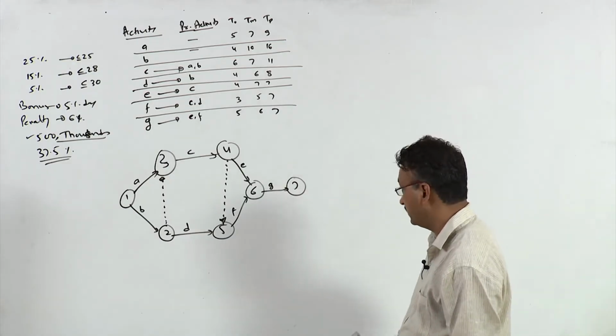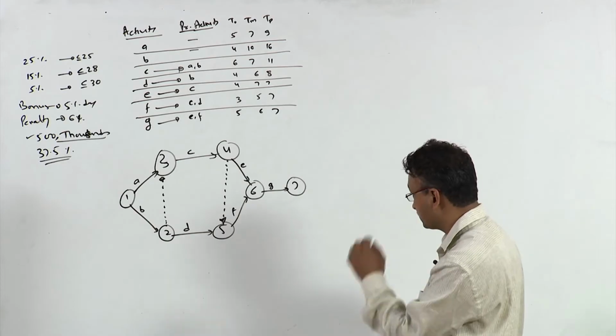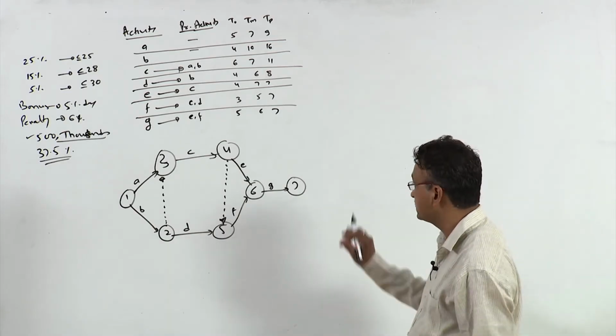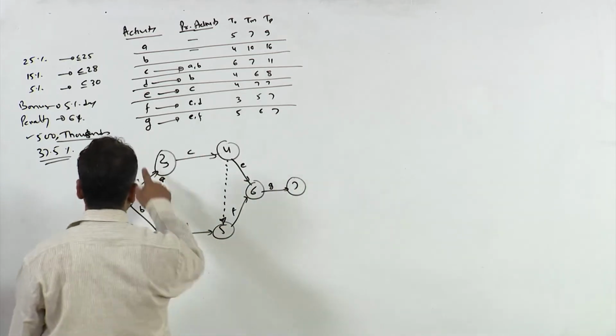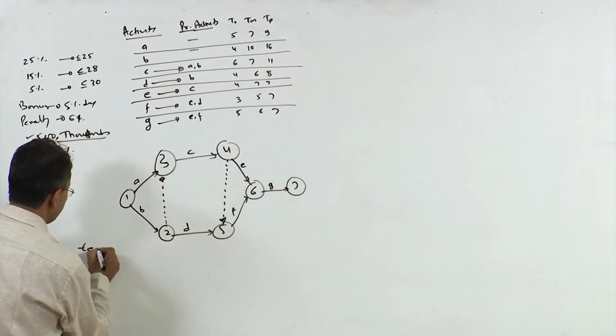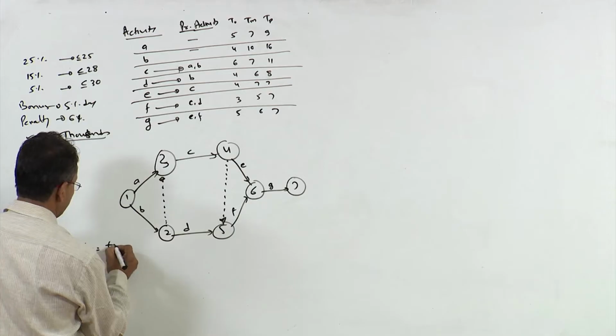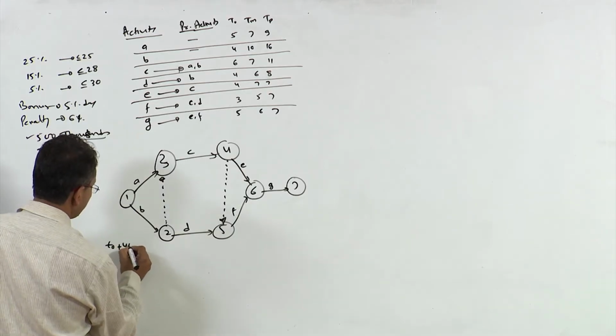Now, let us find out the expected time durations of these activities. For activity A, what is the TE value? We have already seen the formula: TE is To plus 4 times Tm plus Tp, divided by 6.